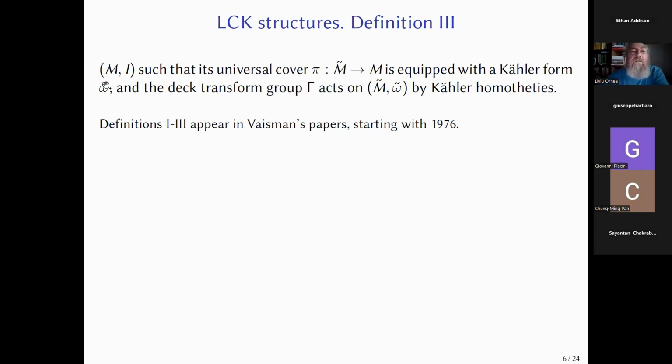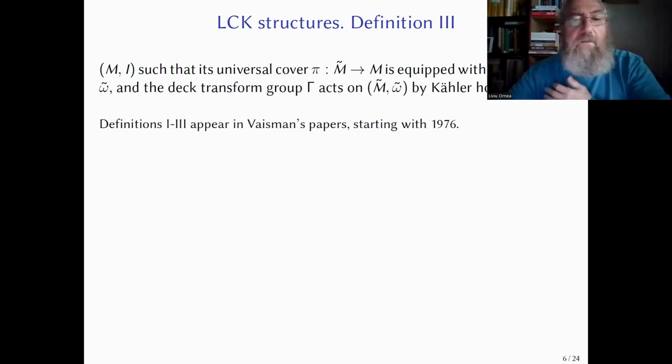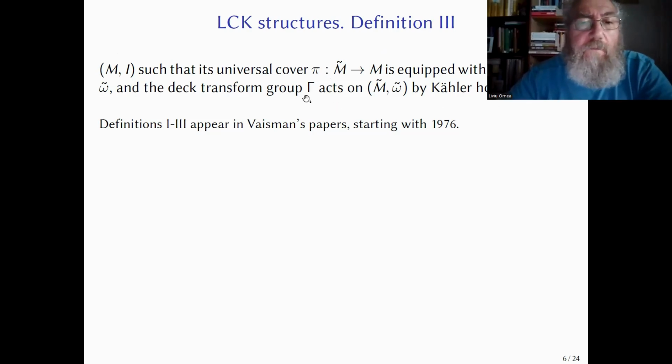That's the viewpoint that we adopt mainly in the work with Misha. Most of what I did is together with Misha Verbitsky, and we think this is the good point of view, especially good for LCK with potential.